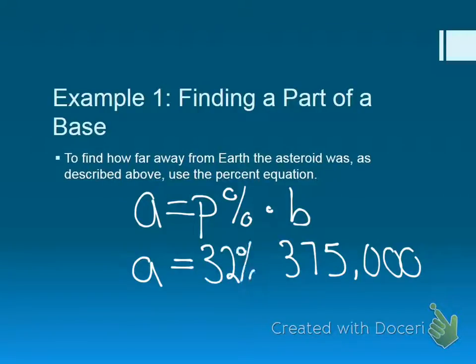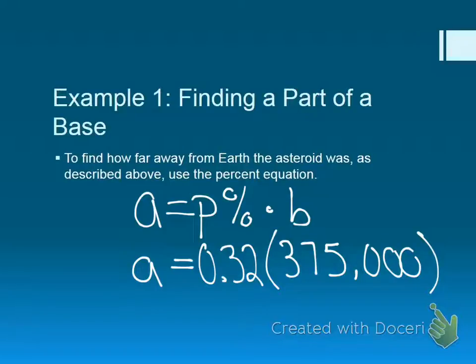But does anybody remember what I have to do to my percentage before I can multiply it? I've got to turn it into a decimal. So are you okay if we go ahead and just kind of mentally do that so we don't have to write it twice? Okay, so 0.32. We're just going to automatically change the percentage to a decimal because we know we have to do that in order to multiply it.